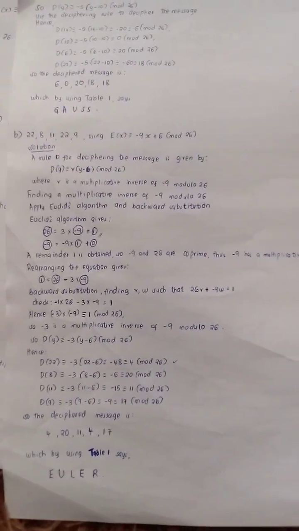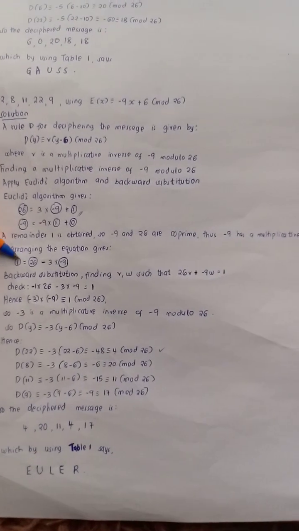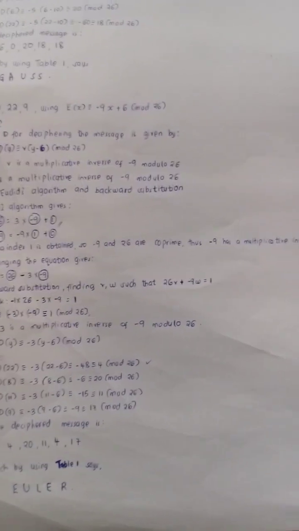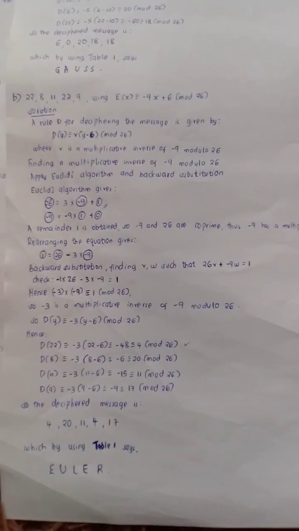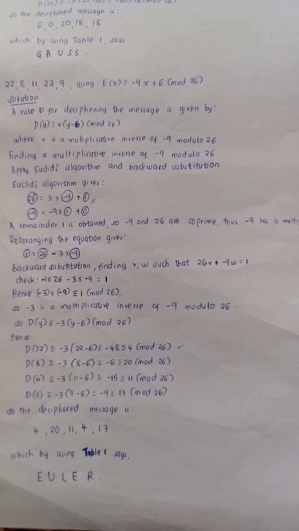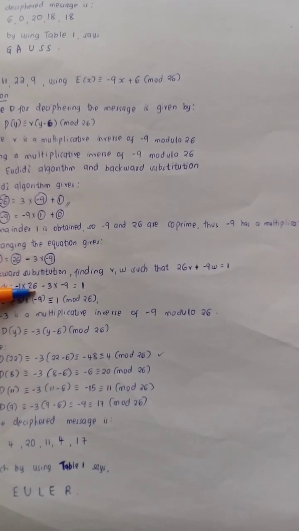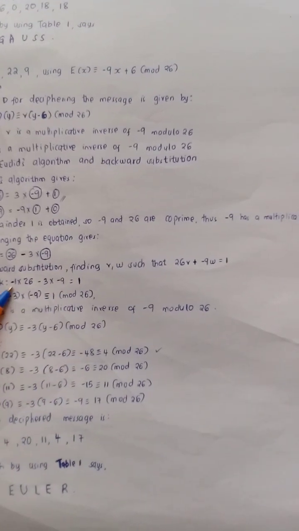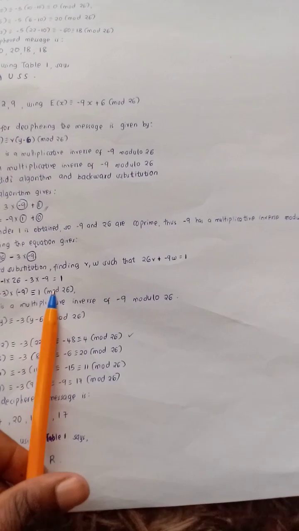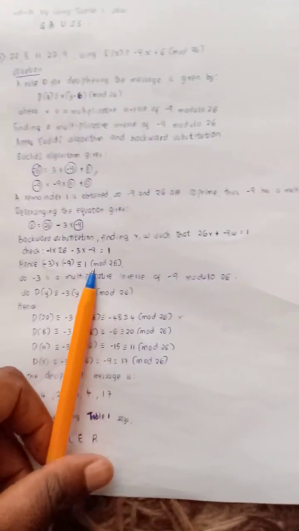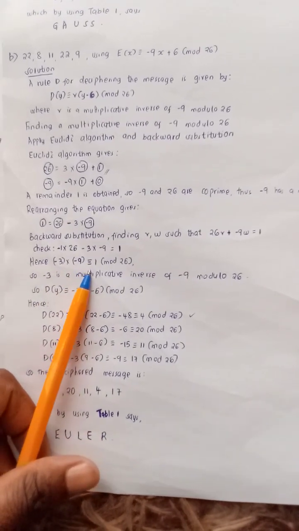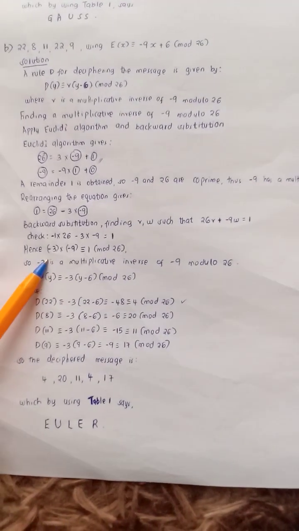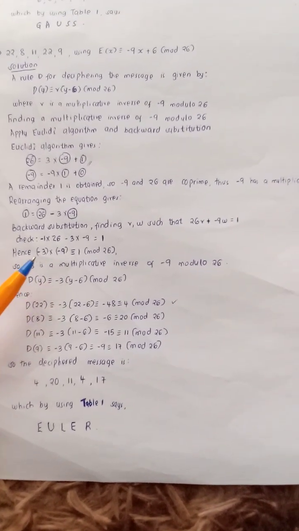We first rearrange the equation with the remainder on the left side: 1 = 26 − 3 × (−9). Backward substitution helps us find v and w such that 26v + (−9)w = 1. Here the multiplier is −1, since 26 − 3 × (−9) = 1 gives 1. Writing it as a congruence modulo 26, (−3) × (−9) ≡ 1 modulo 26, so −3 is the multiplicative inverse of −9 modulo 26.